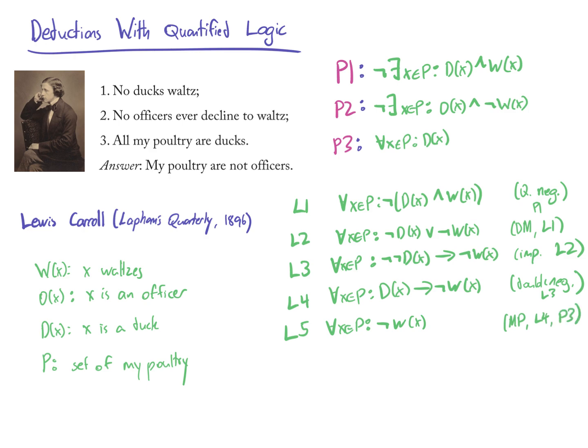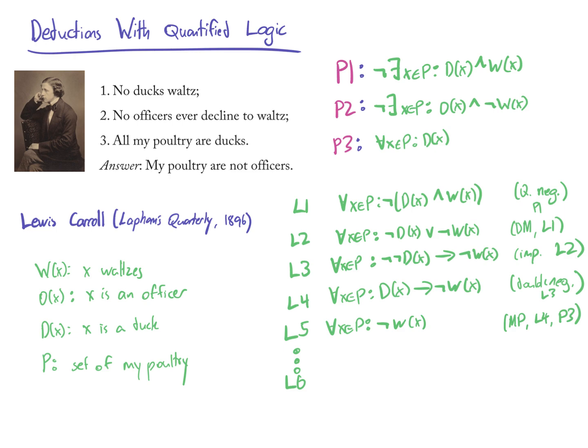So from here, in order to keep the video a reasonable length, I'm going to skip a few intermediate steps. So these few intermediate steps are to get me from there does not exist x in P, such that O of x and not W of x, that's premise 2, to a simplification of that.